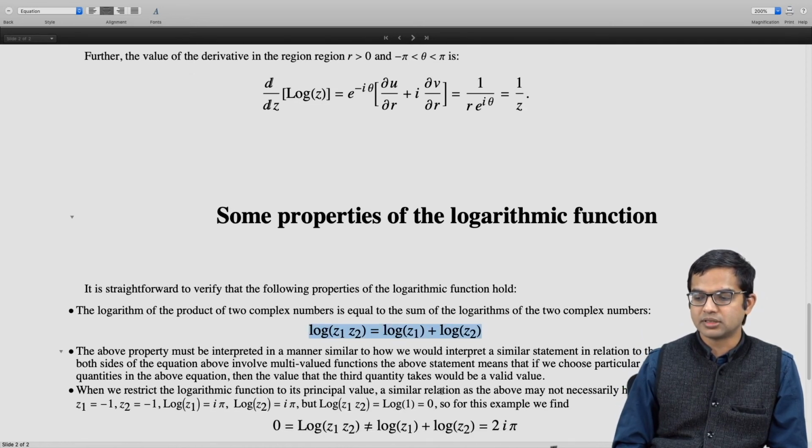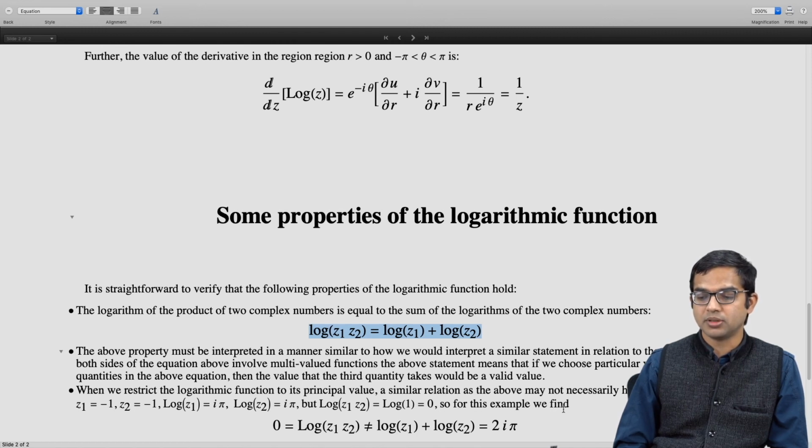So one example is, suppose you take z1 equal to -1 and z2 equal to -1. So log of capital LOG of z1, the principal value is i pi, and principal value of log of z2 is also i pi, but log of z1 times z2 is just +1, so which is log of 1, which is 0.